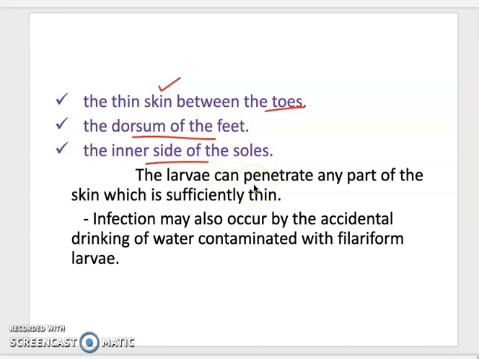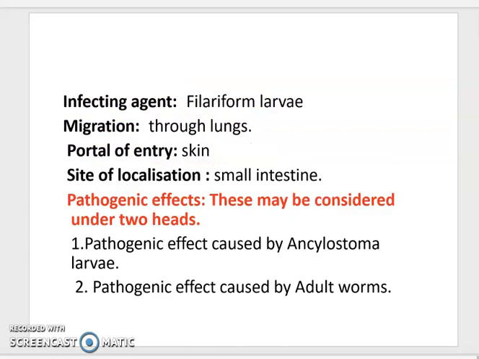The larvae penetrate any part of the skin which is sufficiently thin, and the infection may also occur by accidental drinking of contaminated water. That also can take place. The infecting agent is the filariform larva that migrates through the lungs after entering through the skin, and finally it reaches the small intestine.